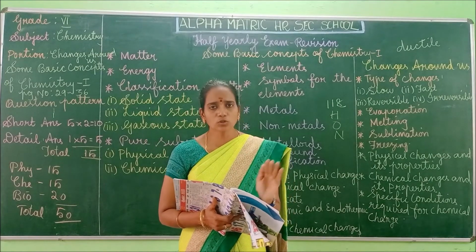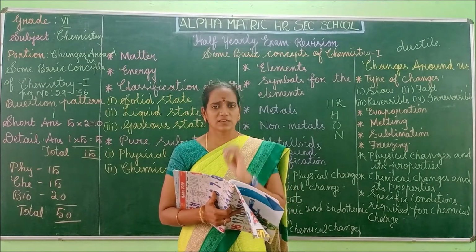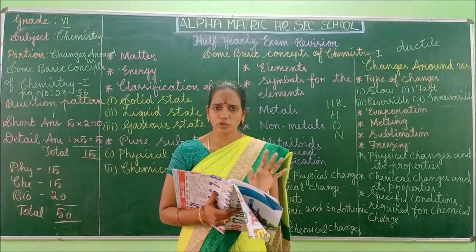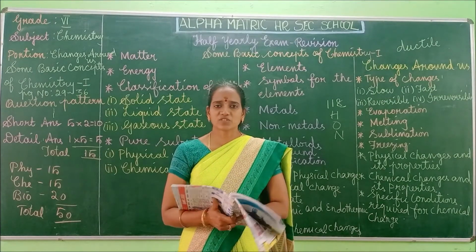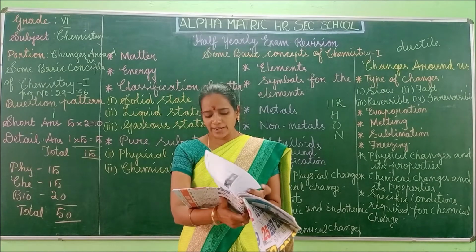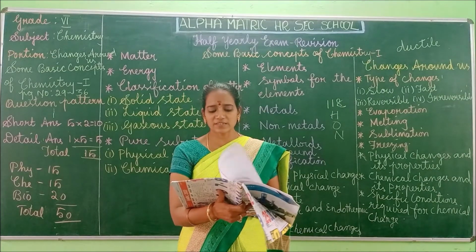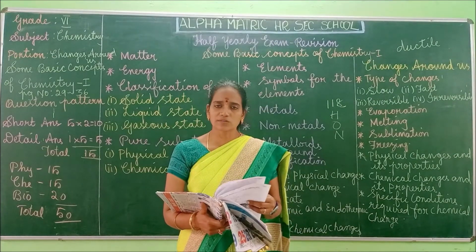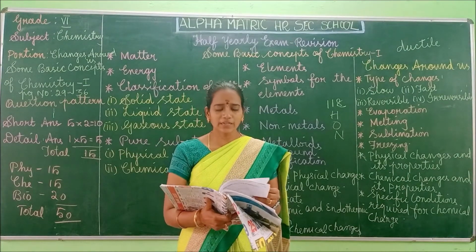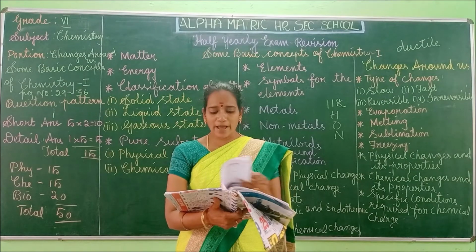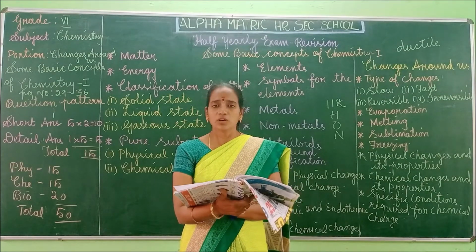So you go through the changes around us lesson, that revision video fully, then come to the some basic concepts of chemistry. Nearly 8 to 9 pages only in this lesson, isn't it? So if you understand the concept behind everything, then you can answer in a good manner. Okay, then only you can score good marks.